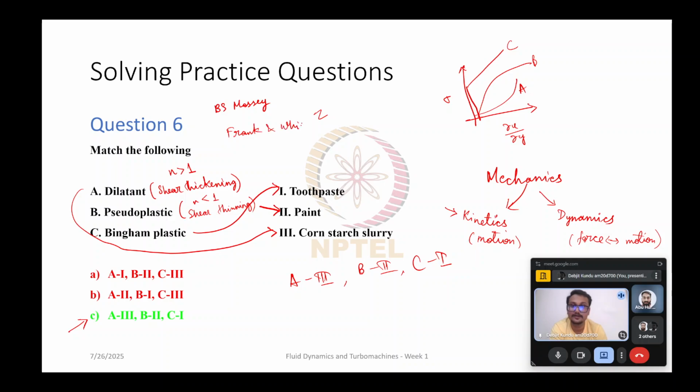Oh yeah, another good book is by Senjal. Sorry, Senjal is also a foreigner. So these three, any of these three should be good enough.